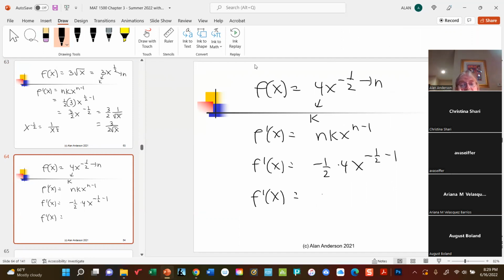So you're going to wind up ultimately with negative 2 x to the minus 3/2. And if you chose to do so, you could rewrite this like this. It's not necessary, but just be aware that they mean the same thing.